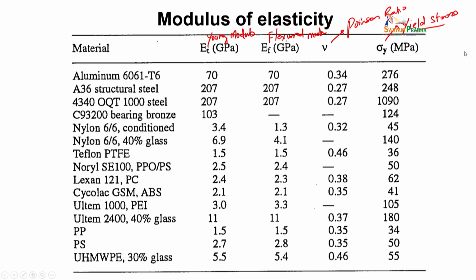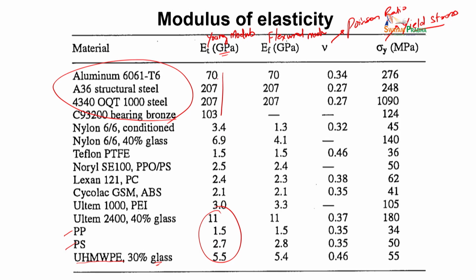So, if you look at this group of materials, these are all metals, right, steel, bronze, aluminum, you can see that they have Young modulus of the order of 200 gigapascal. Okay, this means these are very hard materials compared to the bottom ones, which are polypropylene, polystyrene, or ultra high molecular weight polyethylene with some fillers. You see that these are actually 2 orders of magnitude smaller than the metals.